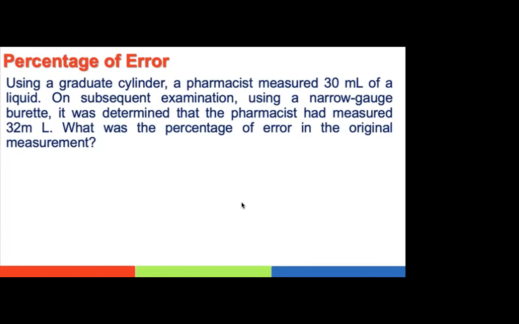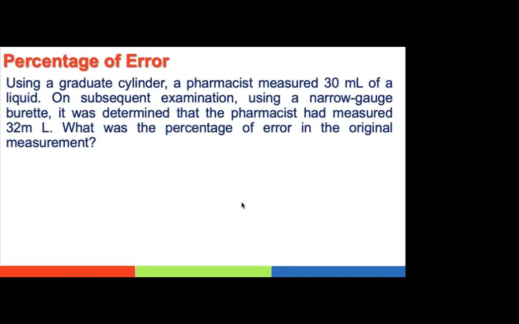Burette, B-U-R-E-T; in other spellings, double E, then E. The burette is more sensitive, or more accurate. It can measure up to 2 decimals, while the graduated cylinder only 1 decimal. Okay? Again, the burette is more accurate. Look, it's 30 ml for the graduated cylinder, and for the burette, 32 ml. Question, what is the percent error?